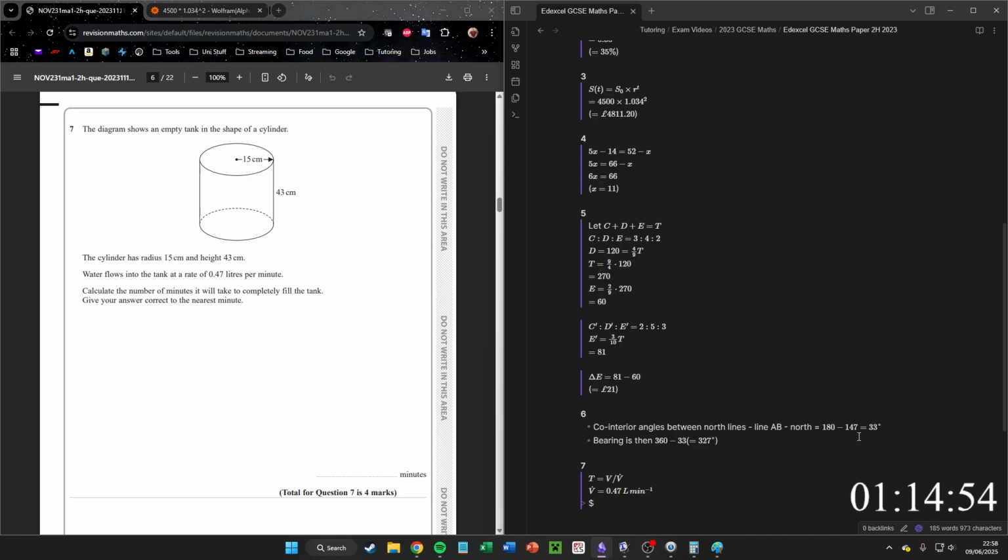Now, a liter is equal to 1,000 milliliters, and a milliliter is equal to a cubic centimeter. So I say multiply that by 1,000 is 470 milliliters per minute. And then I'll just say something like a milliliter is equal to a cubic centimeter.